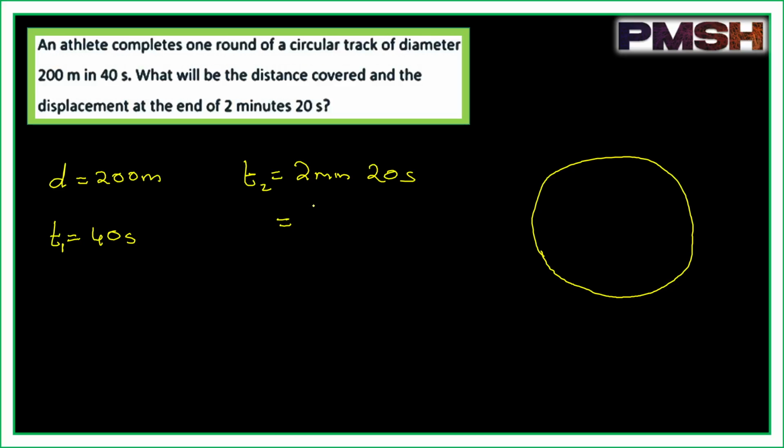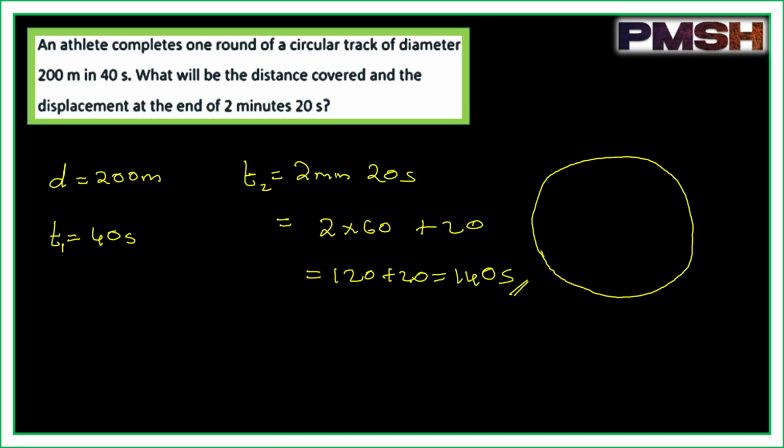We have to convert it into SI. The time SI unit is second. How to convert minute into second? You have to multiply with 60 plus 20. So that is 120 plus 20, that is 140 seconds.